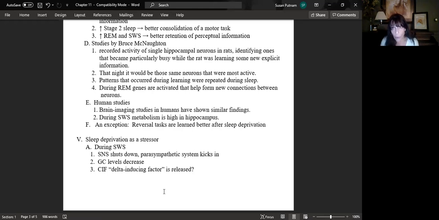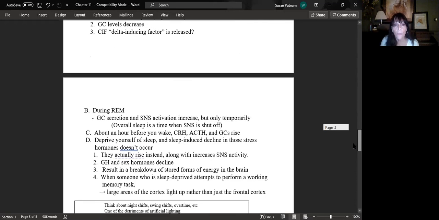Glucocorticoid, our cortisol levels, should decrease. And something called DIF, or delta inducing factor, is thought to be released. I want to look at some very recent studies and see if that has continued to be documented, but that has been suggested in previous research.